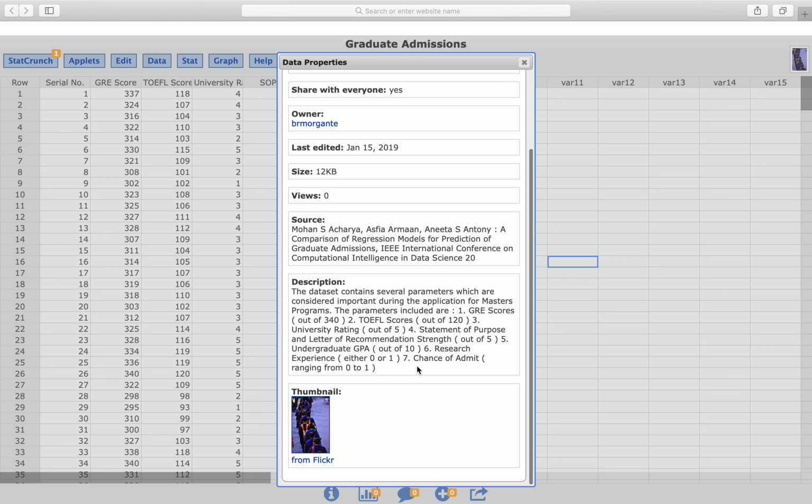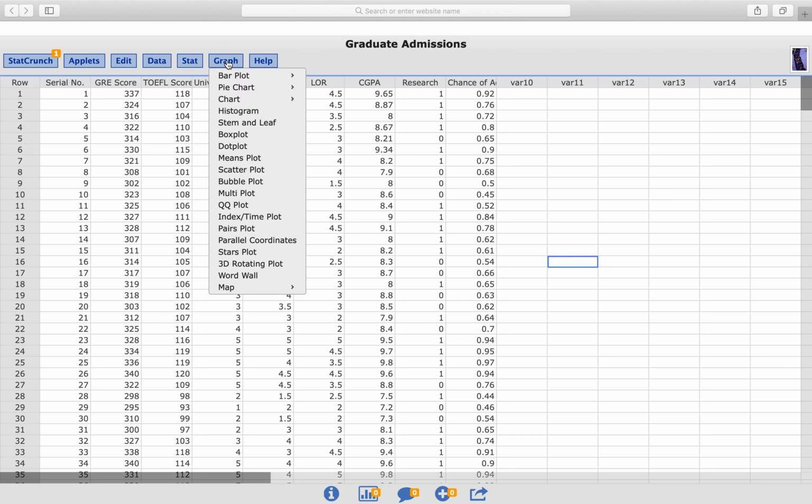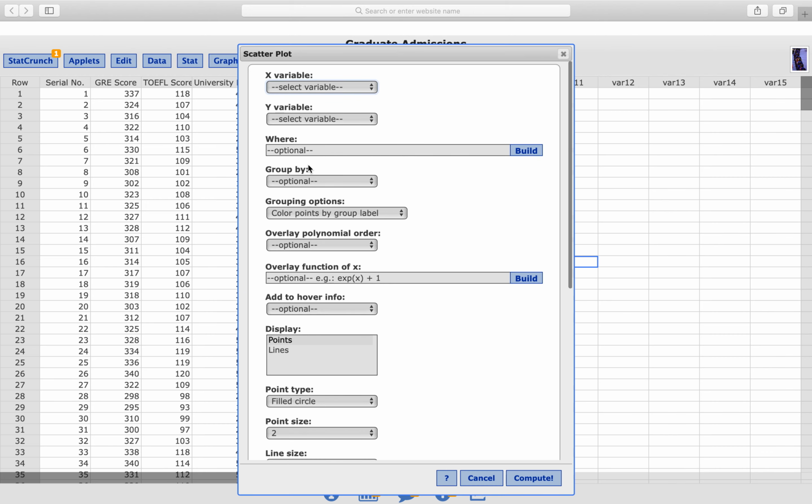Since we want to make a scatter plot, which is made to show the relationship between two variables, we're going to go into Graph, and then Scatterplot, and our x and y are going to be the two variables that we want to see a relationship between. So for our y variable, we're going to put the chance of admission.